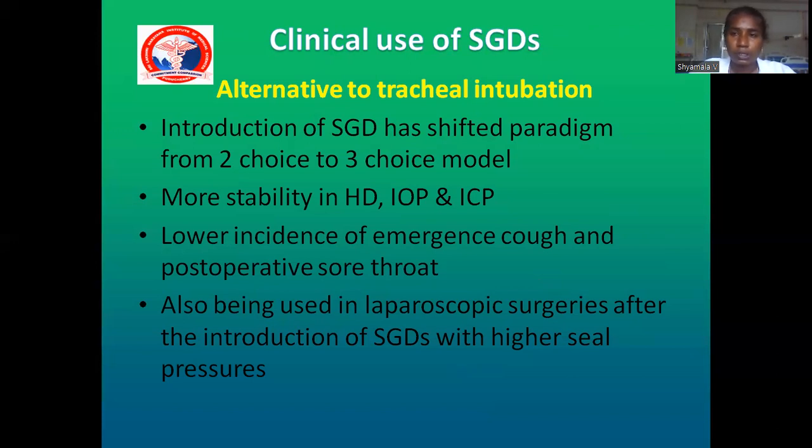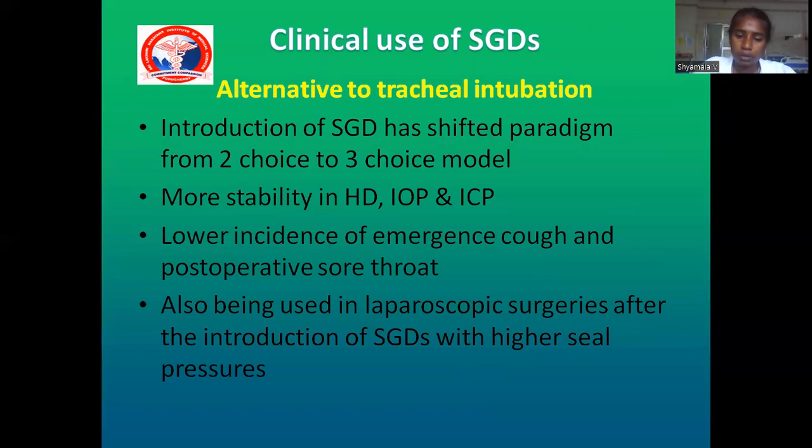As I told, once the second generation was introduced, like the LTS, they have very good sealing pressure. With that sealing pressure, we can use this LMA for major surgeries and for laparoscopic surgeries.